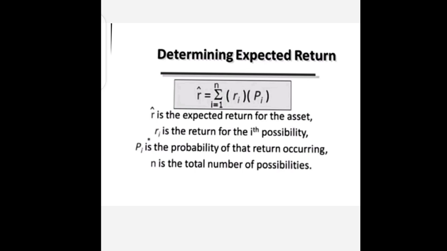So if we will use it for 10 years, then we will put n equal to 10. If we will use it for 3, then n will be 3. So n is the actual number of possibilities that will be assigned. So I hope you understood how we can calculate the expected rate of return.